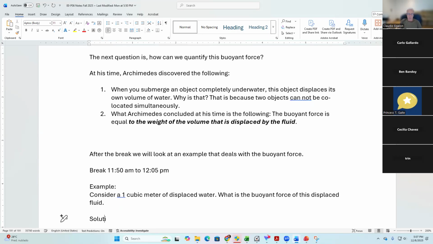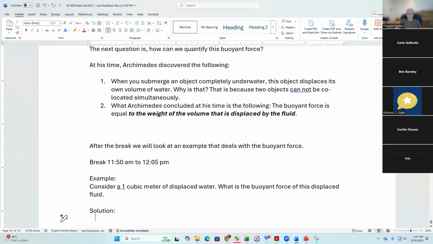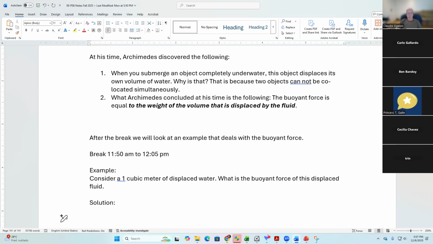Okay, and then you write down the solution. So just go back and consult Archimedes' principle. The buoyant force of the displaced fluid is equal to the weight of the volume of this displaced fluid, right?